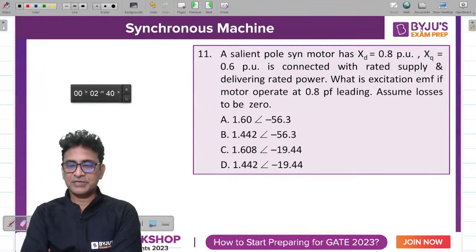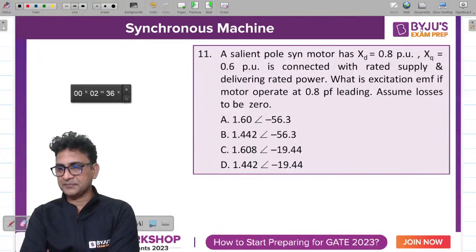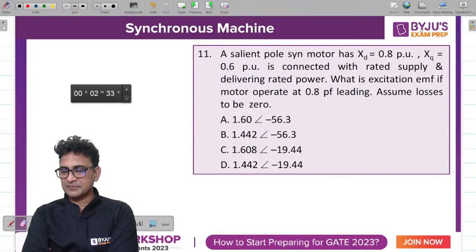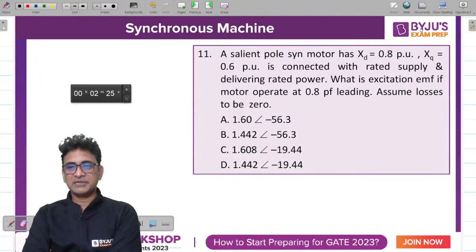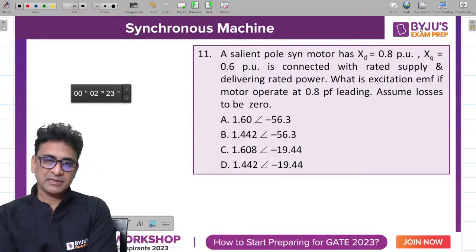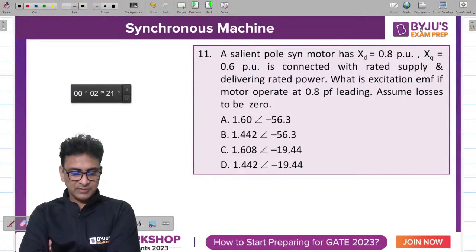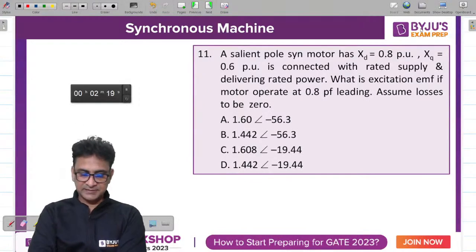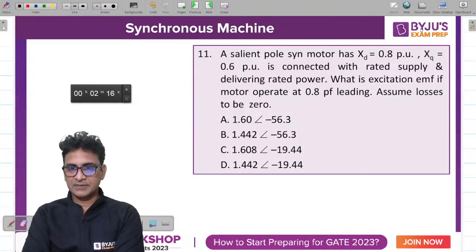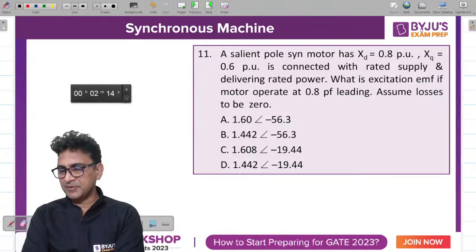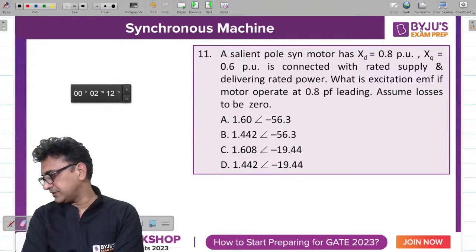We mostly devote our time just to solving the cylindrical rotor machine problem. So whatever method you like, you can solve either using the tensor formula or by using the EF dash method. I generally solve this type of problem by using the EF dash method.